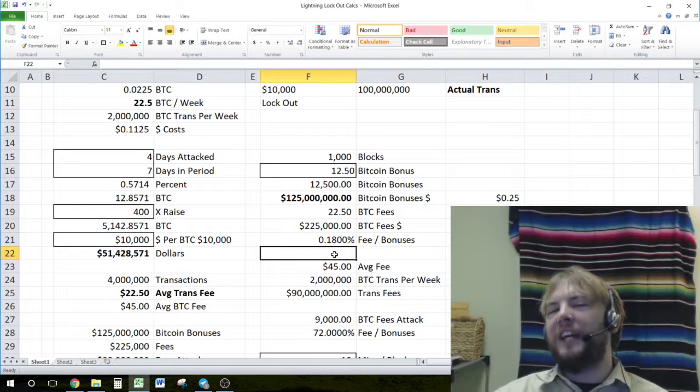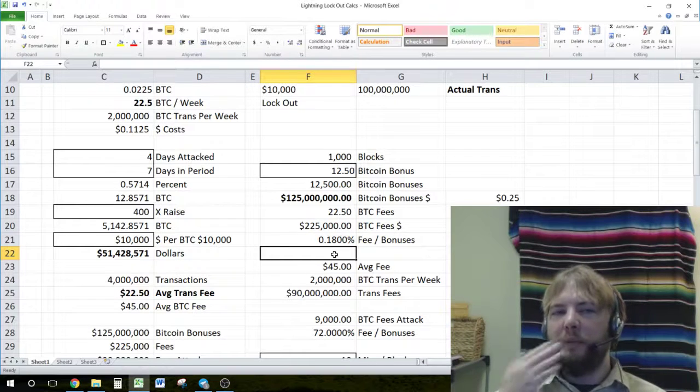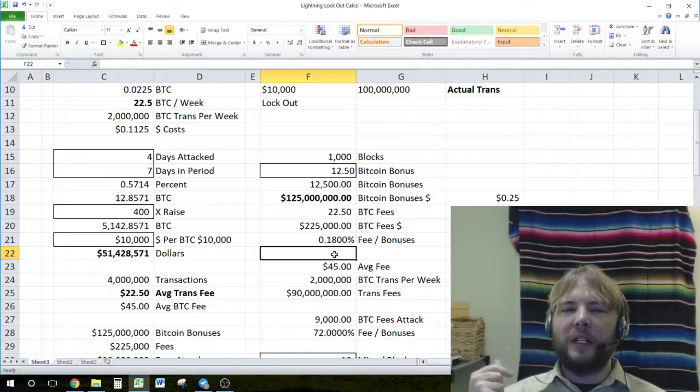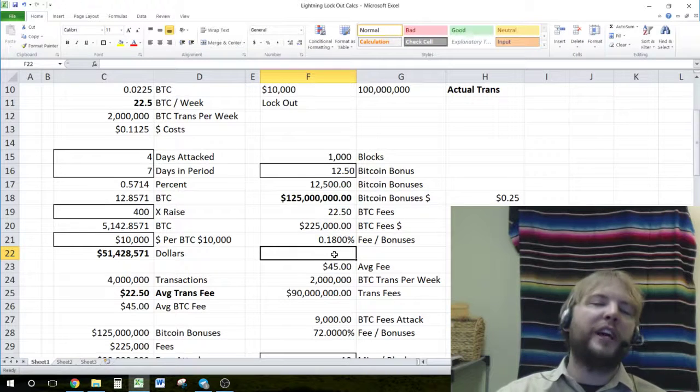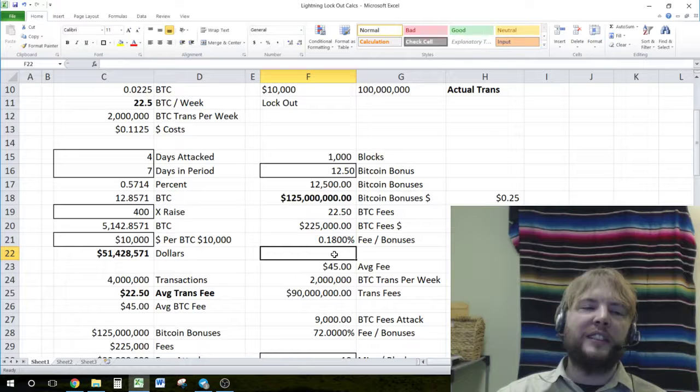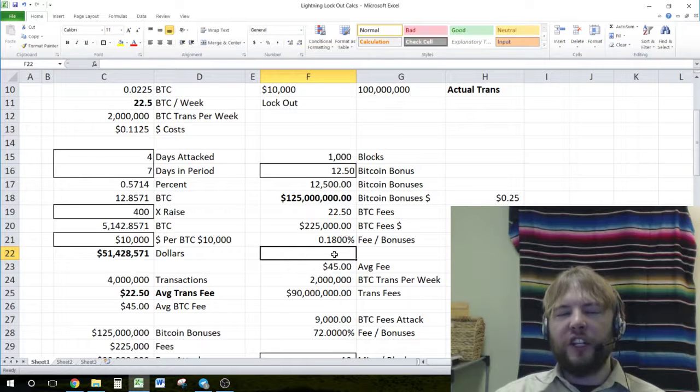The double spend hash attack, while it's possible, is less rewarding. It's only rewarding if you have a competing chain that you're chasing people into. So if you have Bitcoin Cash as an example, and you're trying to get this to replace Bitcoin, then a double spend hash attack, which removes the reliability of the network, is worthwhile for you.